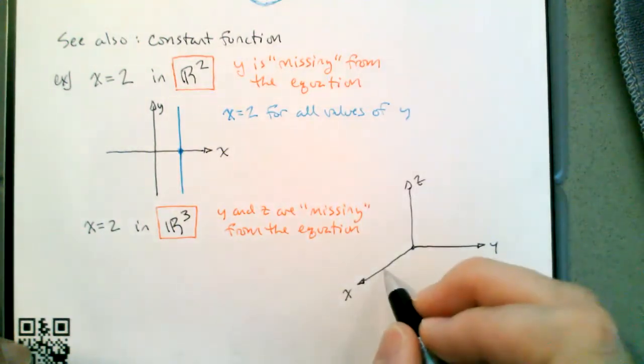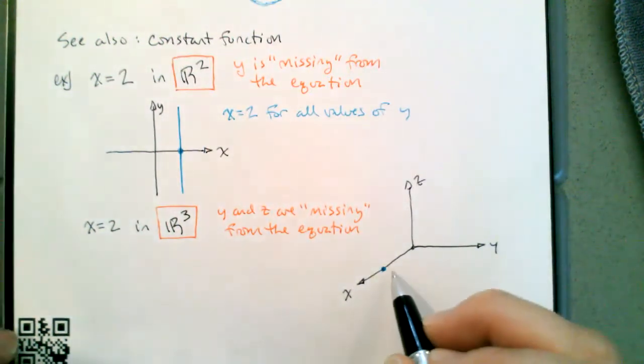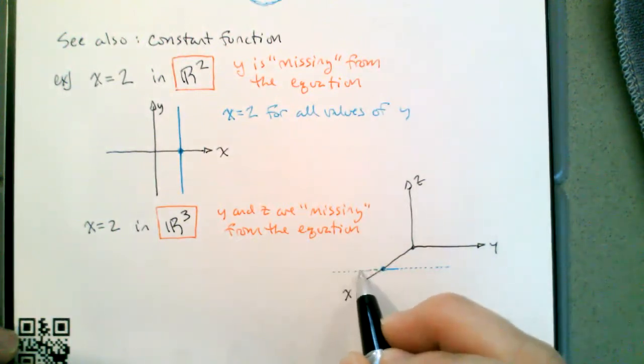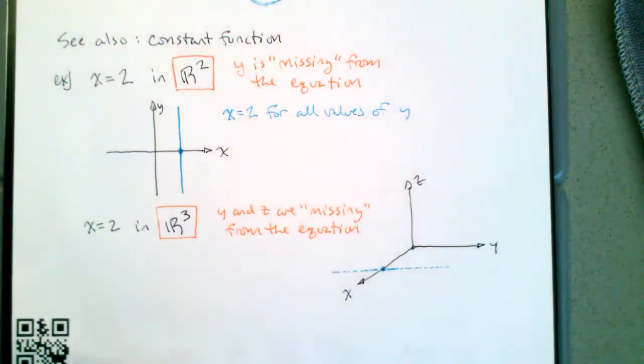So we started off with x equals 2. And we did this for all values of y. So there's that vertical line that we're looking down on, not like in a condescending way, just from a physical position, looking down on this line. And this line is going to be what we use for all values of Z as well.